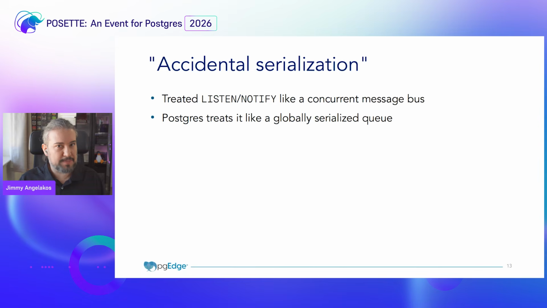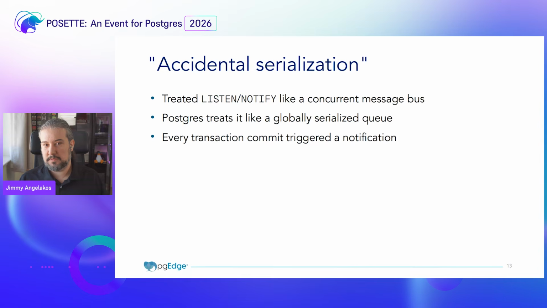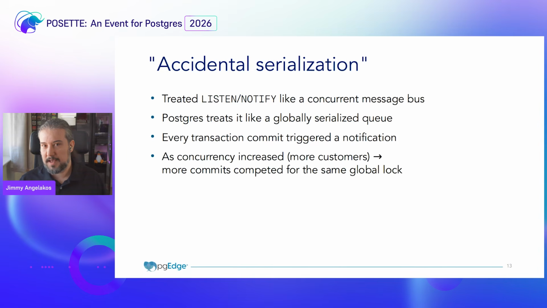And when you're trying to parallelize and do concurrent stuff, that is not the way to do it, because every transaction commit triggered a notification. So as we were seeing more and more customers committing transactions, we had a greater volume of commits that were competing for the same global lock.